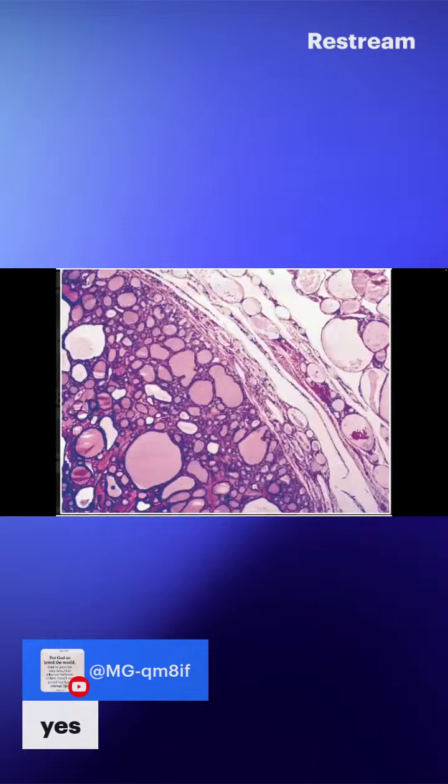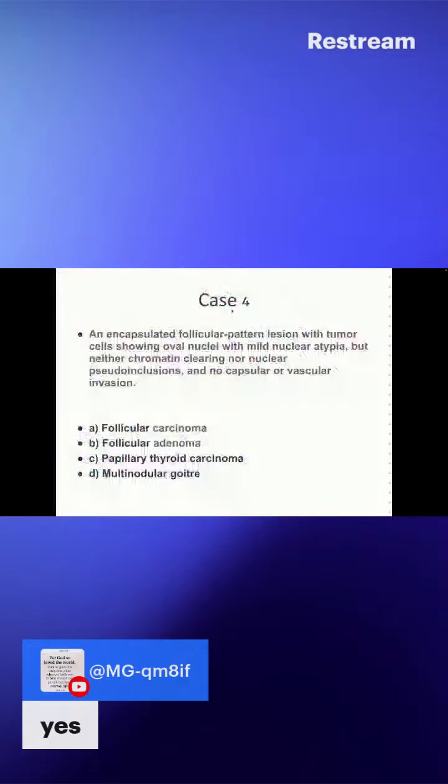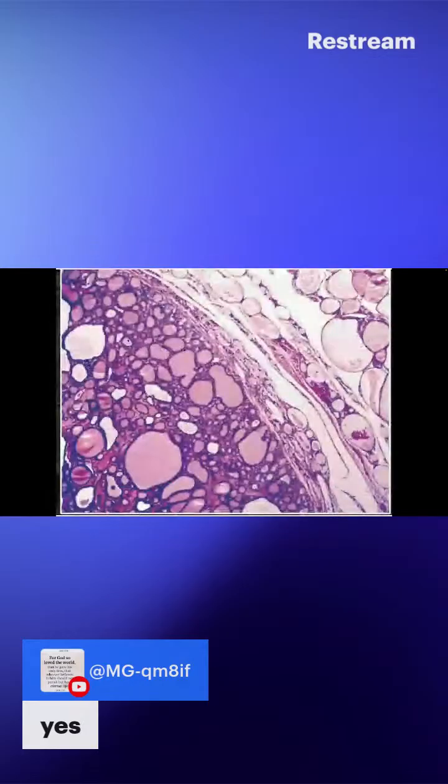If you can see here, there's some kind of capsule. And this is the picture. You can see here that there is a distinct entity, and this is the normal thyroid. So this is what we call follicular adenoma.